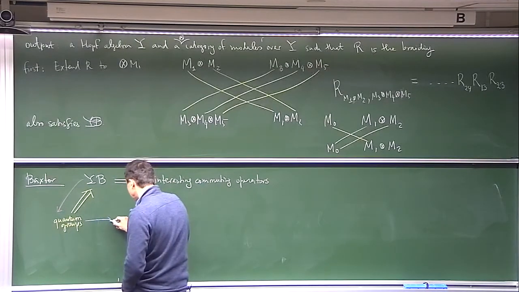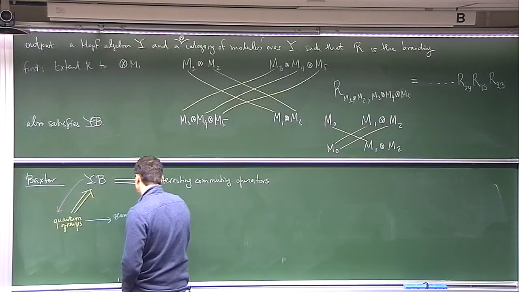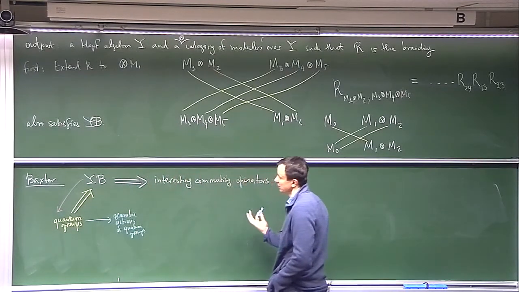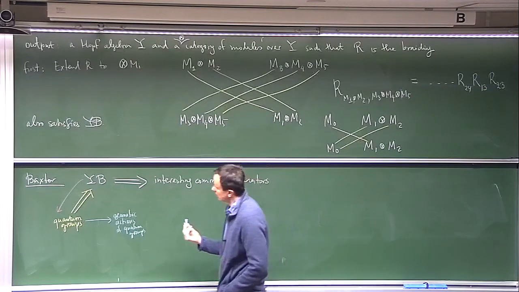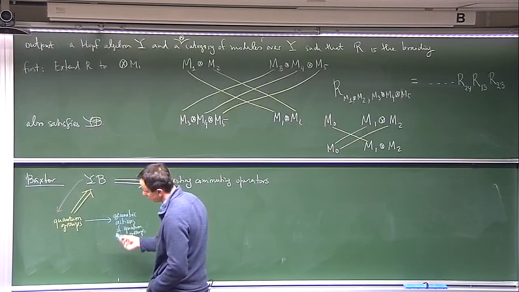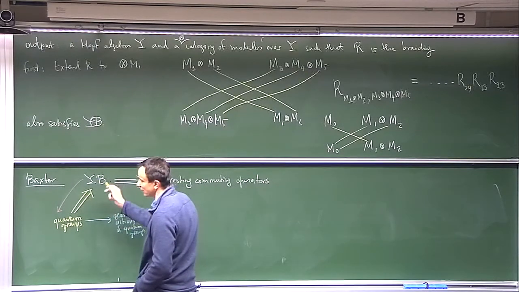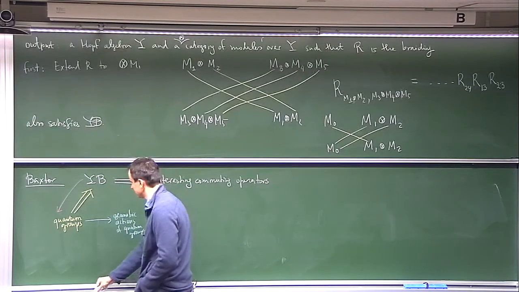So there's a geometric action of quantum groups, which is maybe loosely defined geometry, and there's some kind of triangle here where you can go in all possible directions.